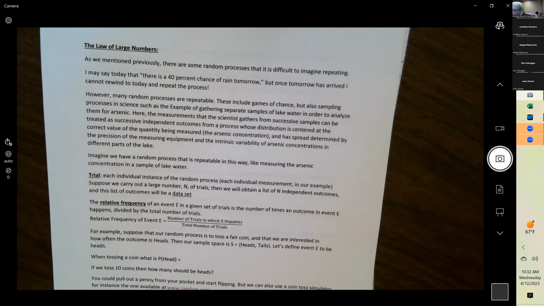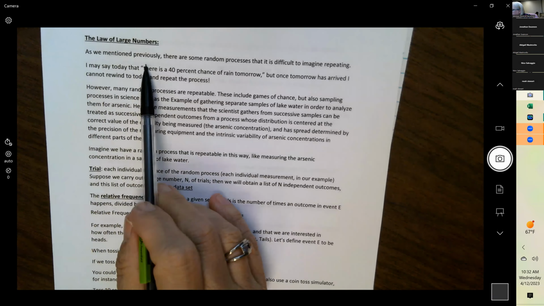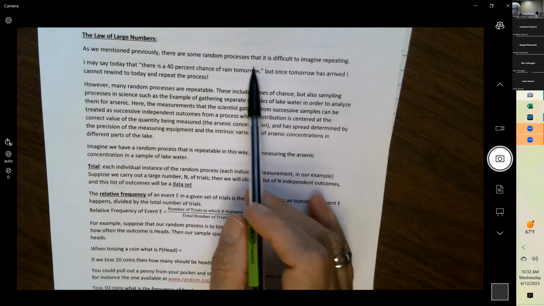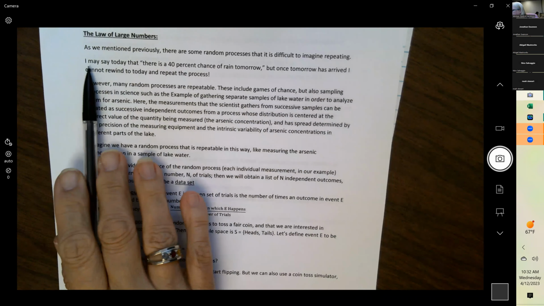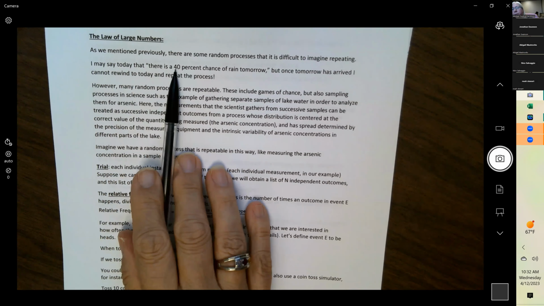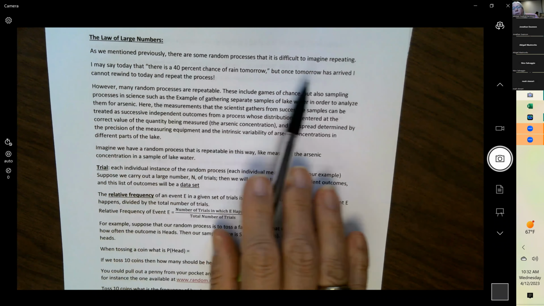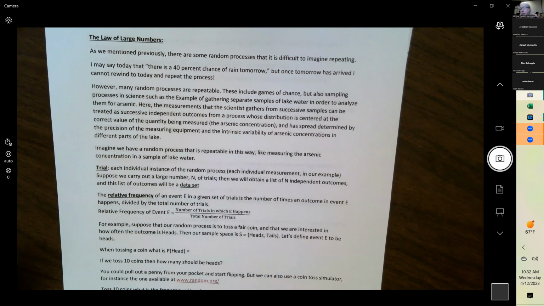Law of large numbers, and we'll get a definition in a minute, but as we mentioned previously, there are some random processes that are difficult to imagine repeating. If you think about, there's a 40% chance of rain tomorrow, but once tomorrow has arrived, we can't go back and repeat the process and see if it's different.